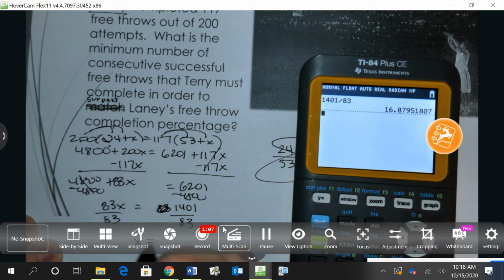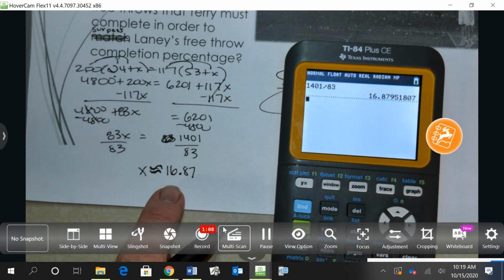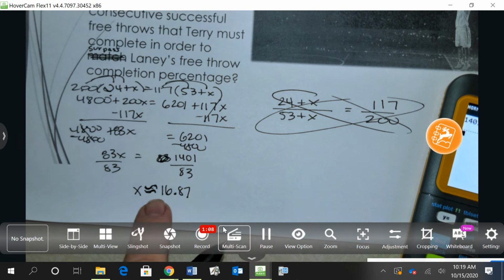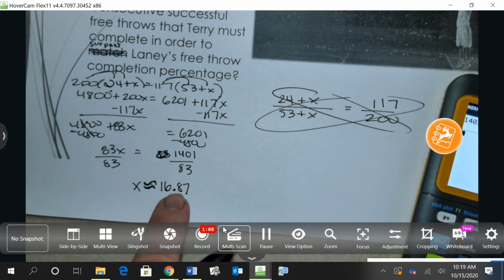So it is approximately that you should shoot, you attempt, the smallest number that Terry must shoot and also make before his free throw percentage passes. Better.